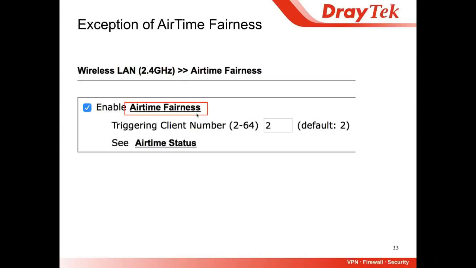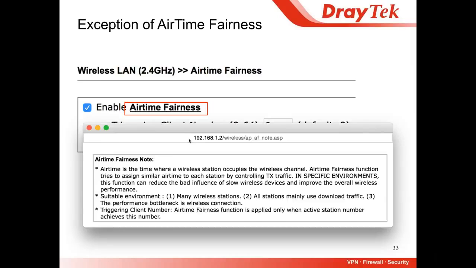Before we look into the exceptions, we want to emphasize this part. On the GUI, you can click the airtime fairness. There's a pop-up window that shows some notes for airtime fairness. We especially want to emphasize this part, the suitable environment. First, there should be many wireless stations, and those stations are mainly using download traffic.